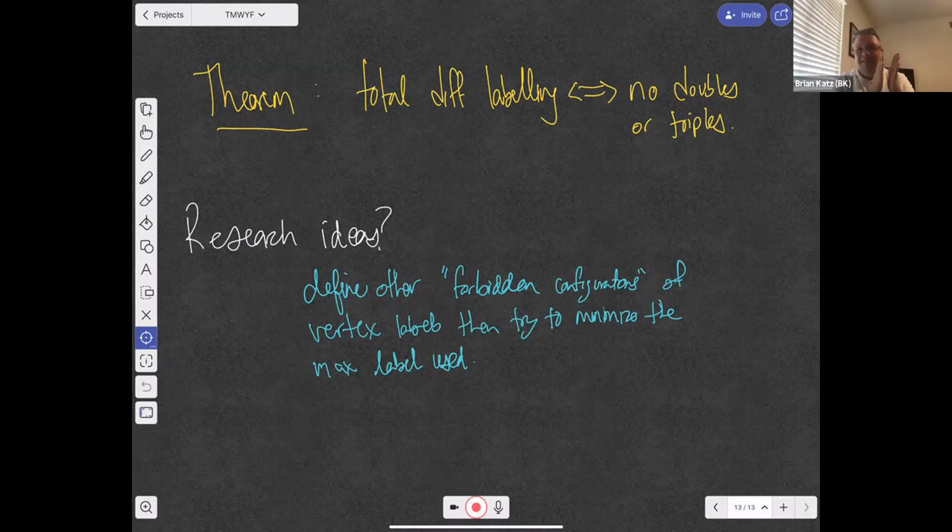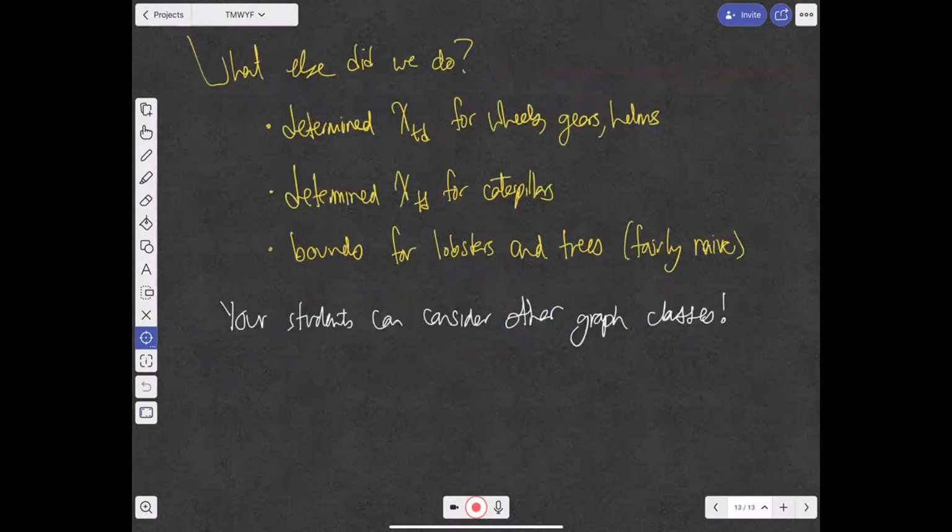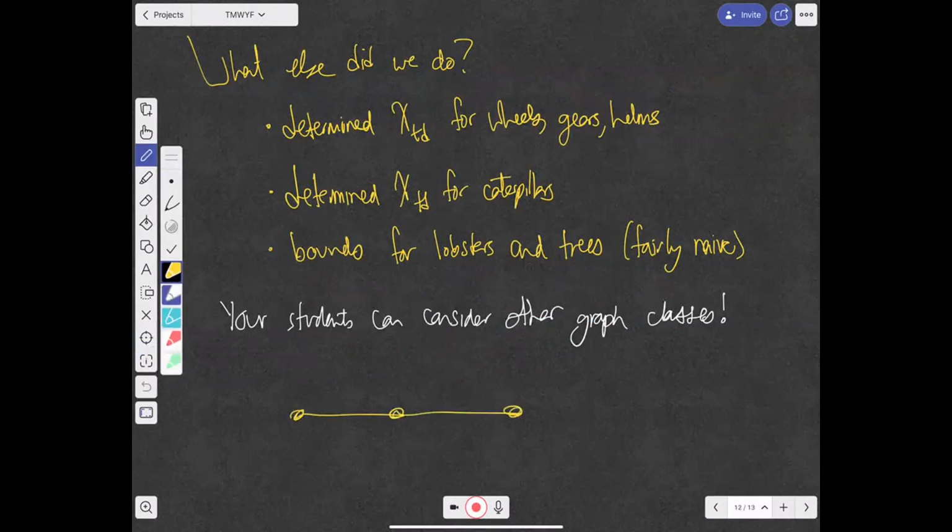I think the main question in the chat right now is, what is a lobster? Oh, cool. That's a great question. So a caterpillar basically is a path. First of all, these are all kinds of trees. A caterpillar is a central path, and then all other vertices are distance at most 1 from that central path.